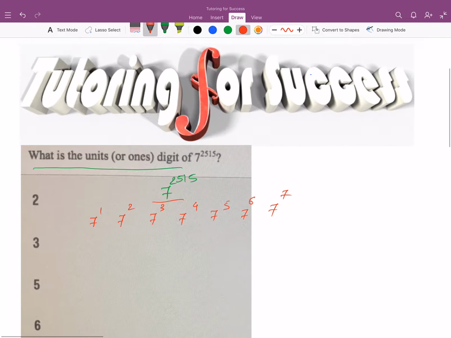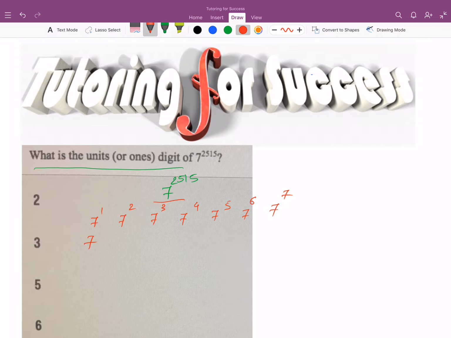So 7 power 1 is 7, 7 power 2 is 49, 7 power 3 is 49 times 7, which is 343. Beyond that you may need to do it manually, which will take a lot of time.